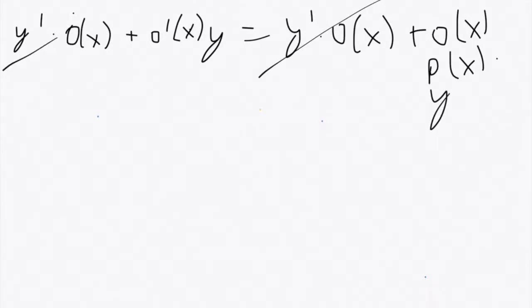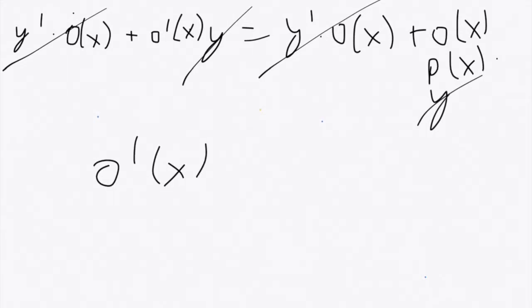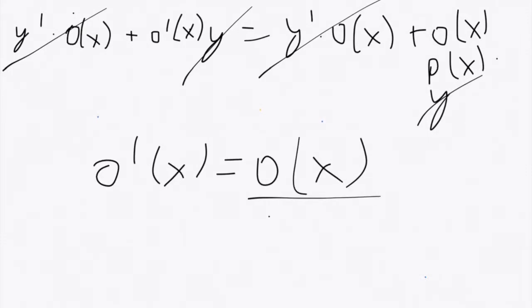We're going to get rid of these two terms as they're common. We're going to get rid of the y's because they're also common. And we're left with the expression o prime of x is equal to o of x times p of x. And this is our final clue.